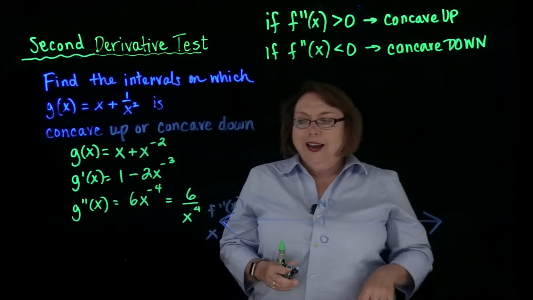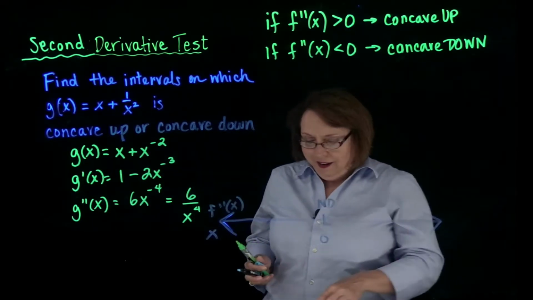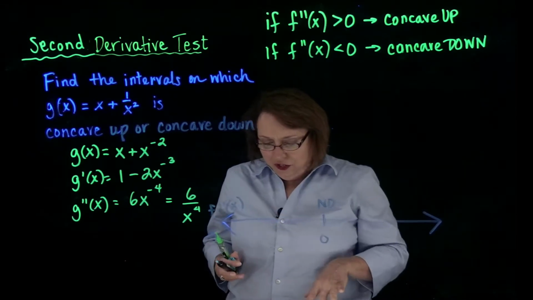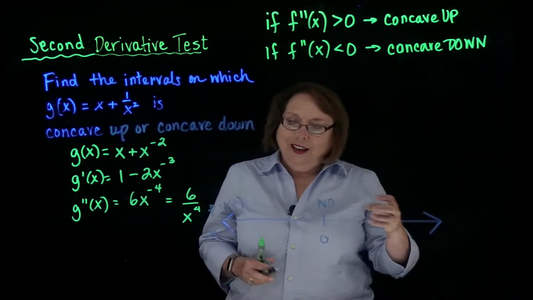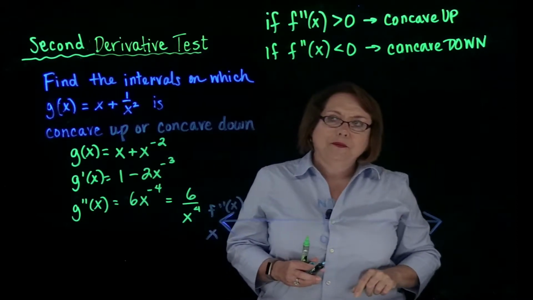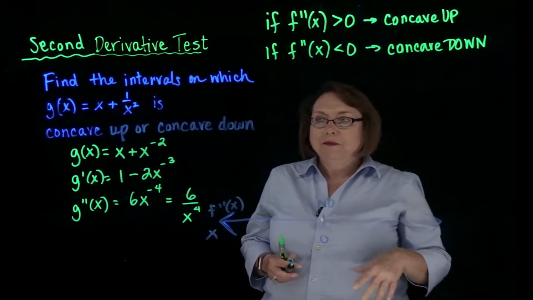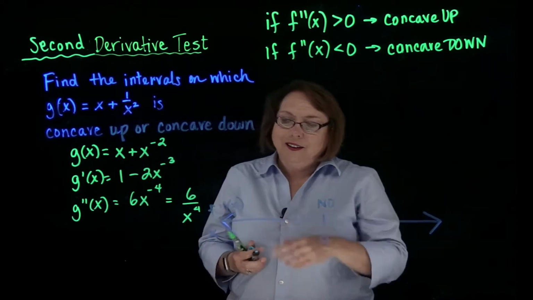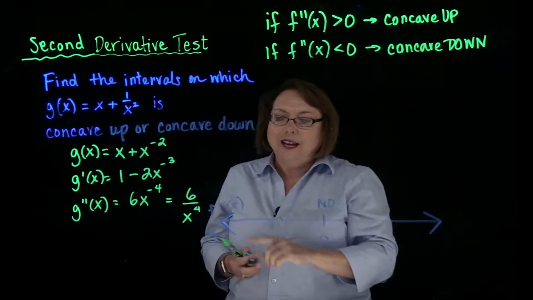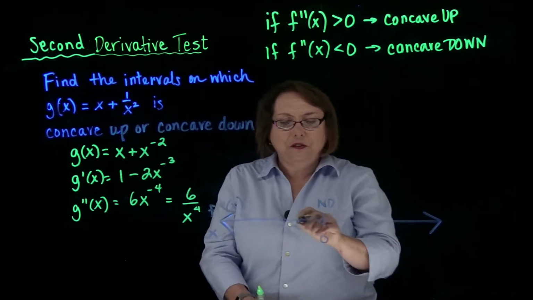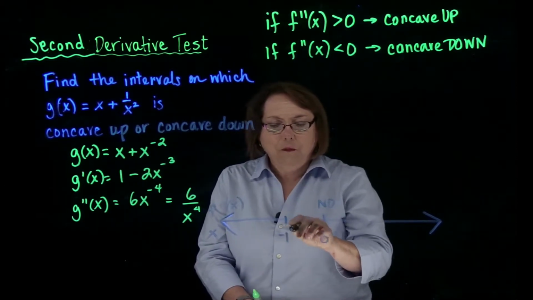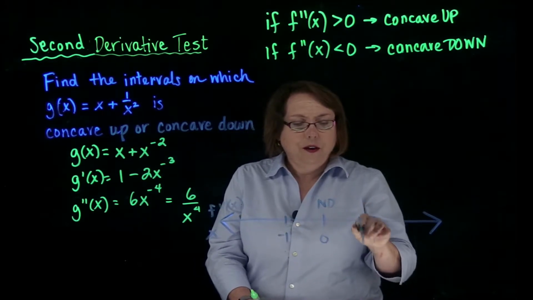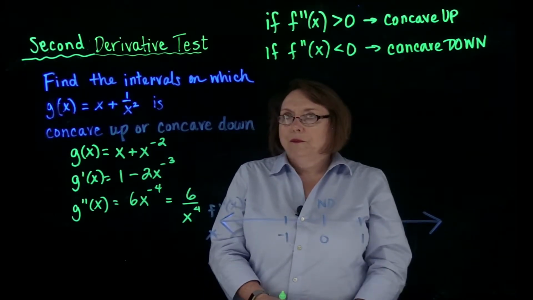Now what are we looking at? We want to see what's the concavity of this function, so we're investigating the second derivative for different values of x. I'm going to put negative 1 over here, positive 1 over here.